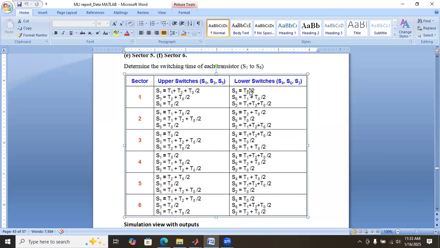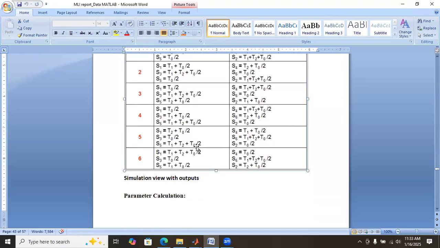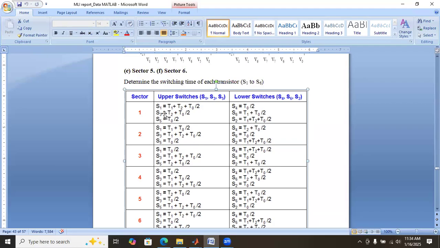And for the lowest switch, for negative cycle, S4 equals T0 by 2. And in second sector, S1, that is positive cycle, is T1 plus T0 by 2. Negative cycle is T2 plus T0 by 2. Like that, we have to find the switching times for all the sectors. So once 360 degrees is completed, again it will start from sector 1.